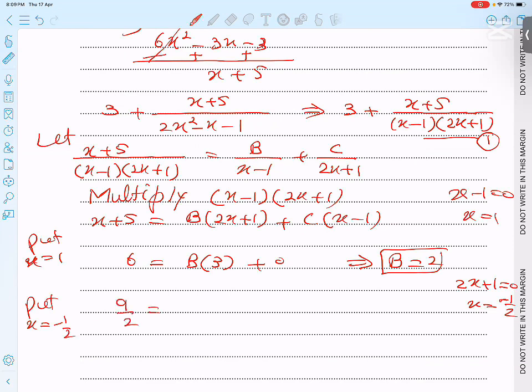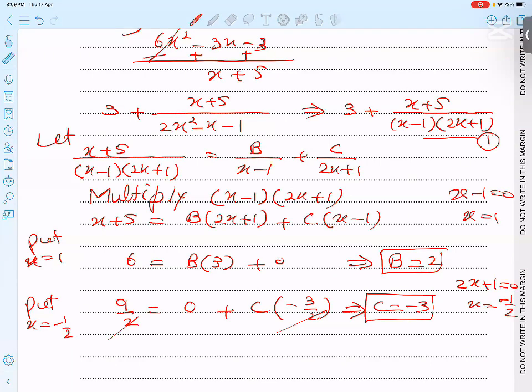And when I plug in negative 1 over 2 here, students, this 2 cancels, minus 1 plus 1 gives us 0. And when I plug in there, negative half and negative 1 give us negative 3 by 2. And this 2 must cancel with that, and the C value I got finally is negative 3.